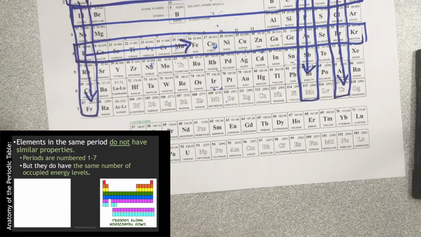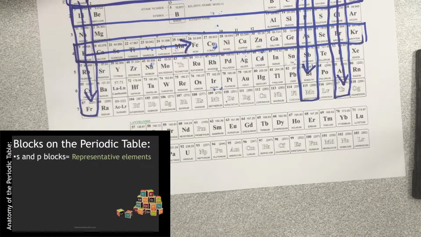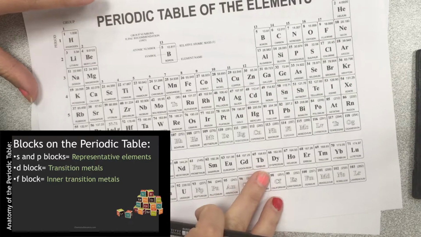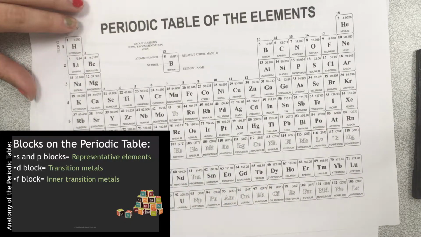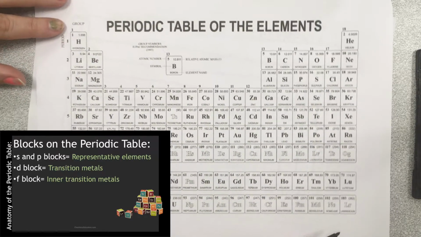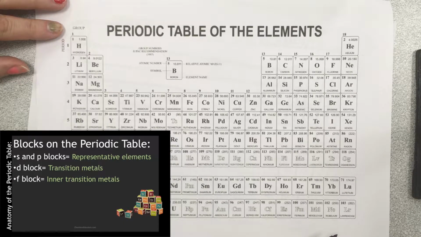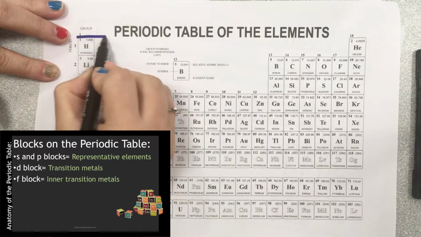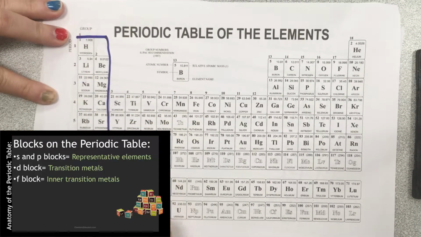All right, so moving on. Blocks on the periodic table. So, let me get another one. Okay, so blocks on the periodic table. This is critical that you know this because I will just refer to them as if you know them. So the S and P block. So this is the S block, okay?